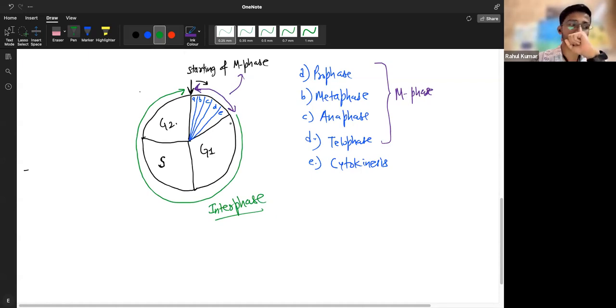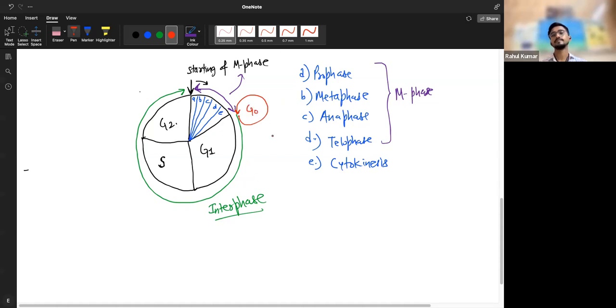Okay, before that, one more thing. Let me use a red color. Sometimes after the cell division, the cell, instead of going into G1, S or G2, just goes into a mode which is called G0.